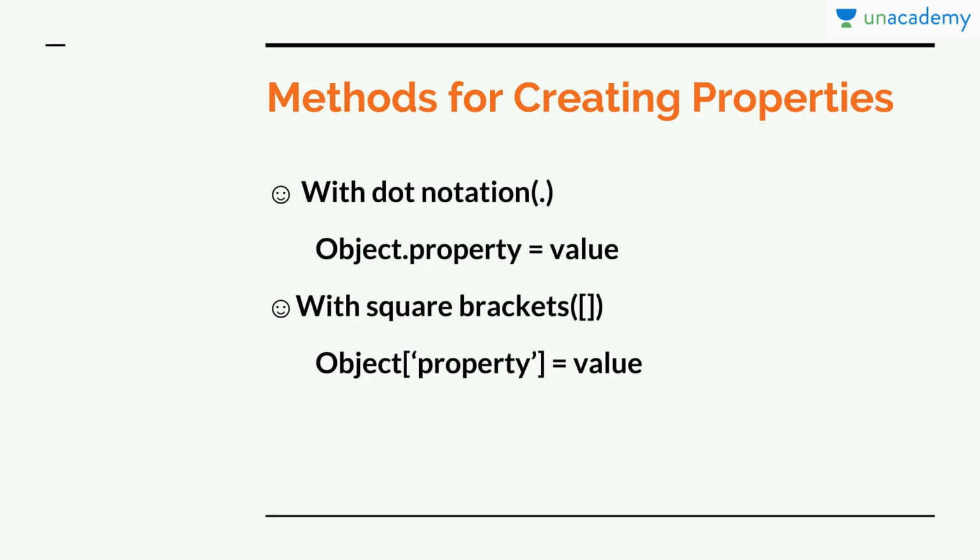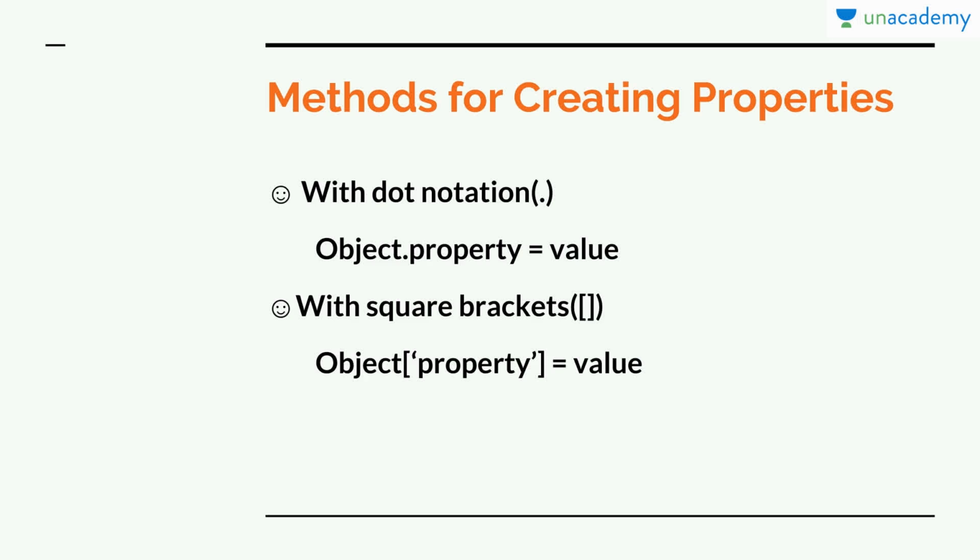The dot notation will only understand the first word, it will not understand the name word, and it will raise an error. So we will use the square brackets notation there, so that we can add a space or even anything in the property name. So these are basically the two methods.